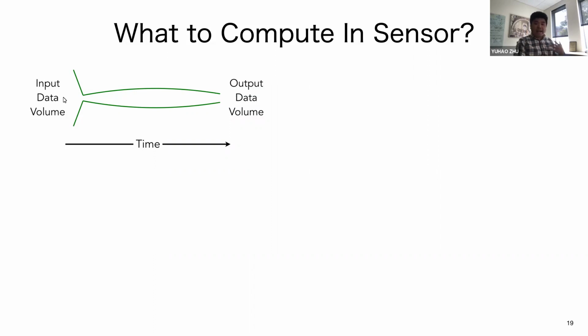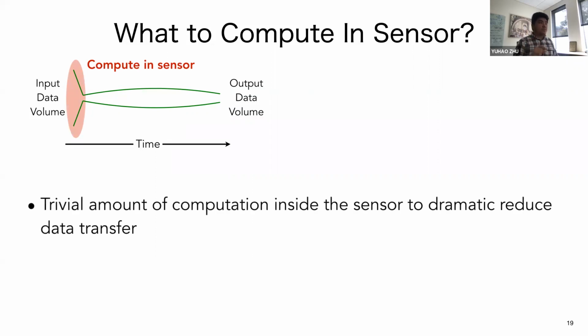Okay, so the ideal algorithm pattern that fits in-sensor computing is where it can use a trivial amount of computation, spend a very short amount of time, a trivial amount of computation that can dramatically reduce the amount of data that you have to transfer outside the sensor. And that trivial amount of computation is ideally what you want to compute inside the sensor, right?